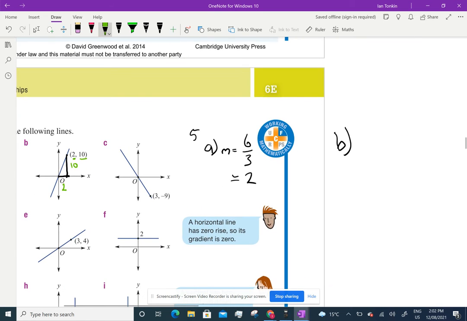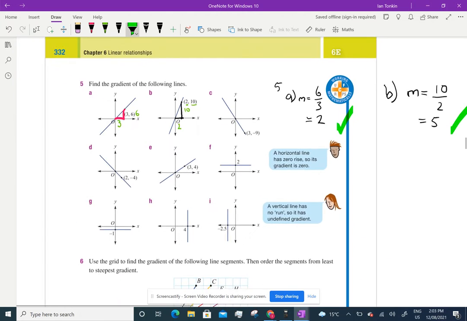So the gradient for B, M, it's going up, so it's positive. It's 10 over 2, so the gradient is 5. You should be recognising that the bigger the number, the steeper the gradient. So this 5 is steeper than that 2.